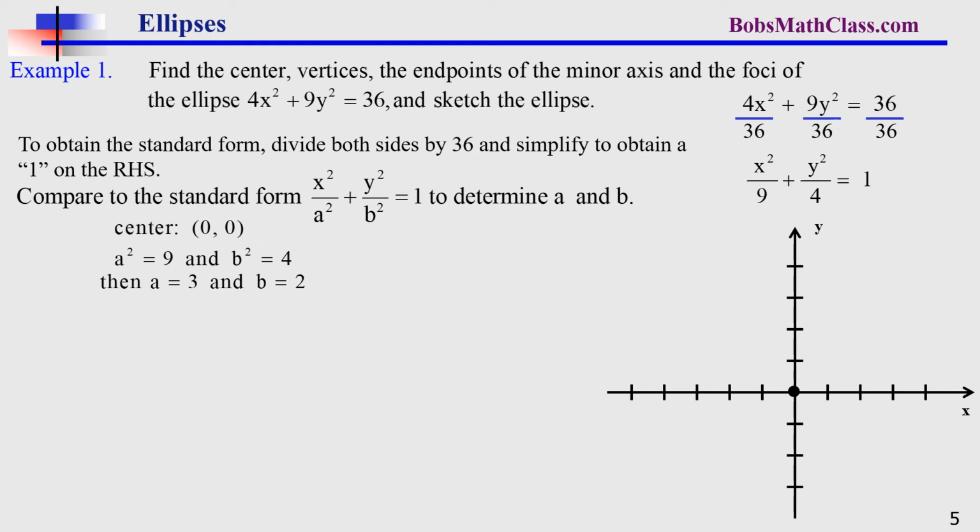Okay, so go ahead and plot those points. 3 left, 3 right, 2 up, 2 down. And then we could draw our ellipse. It's almost a circle. The reason it's not a circle is because the a and b are different numbers. If the a and b were the same number, then it would be a circle.